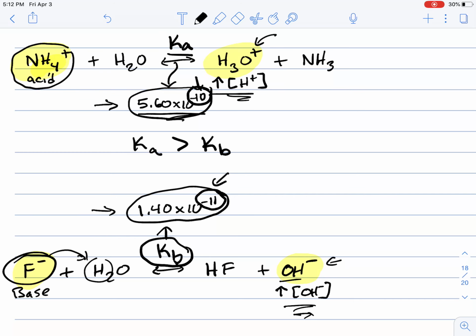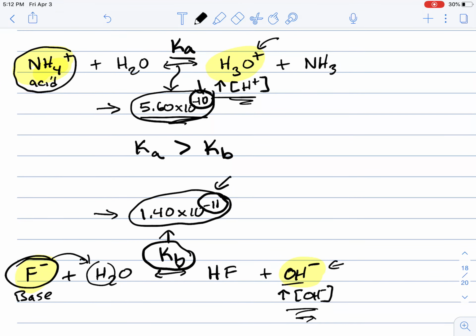And so if Ka is greater than Kb, then what's happening in solution is that more NH4 plus is ionizing to produce more H plus compared to F minus ionizing to produce OH minus. So we're producing more H pluses than OH minuses.